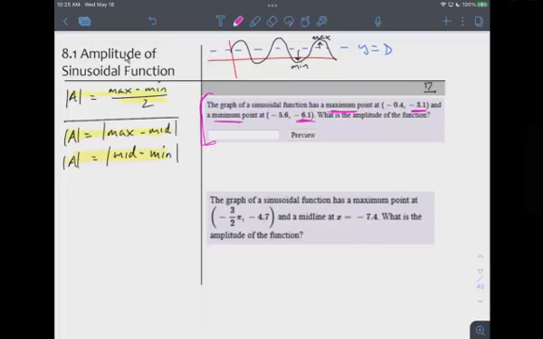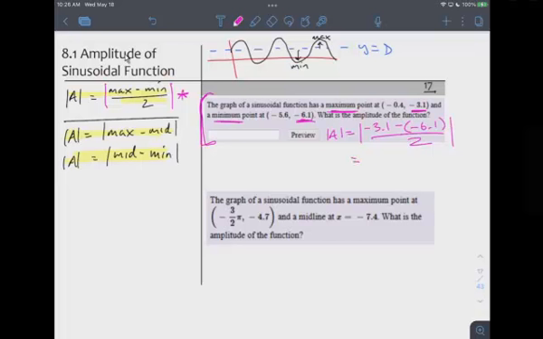And since we're given the max and the min, we can use this first relationship where the amplitude is equal to the absolute value of the maximum, negative 3.1, minus the minimum value, negative 6.1, all over 2, because we're finding the middle point. It's half of that total distance.